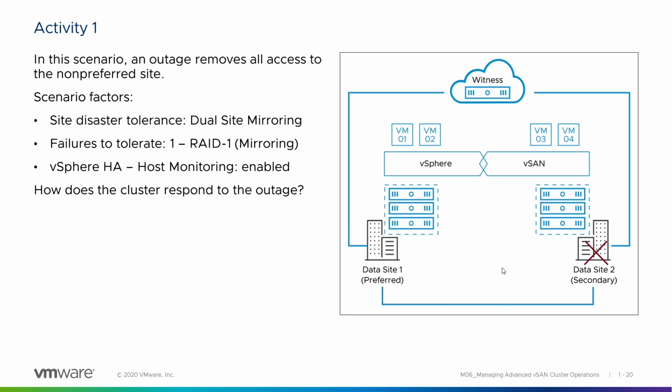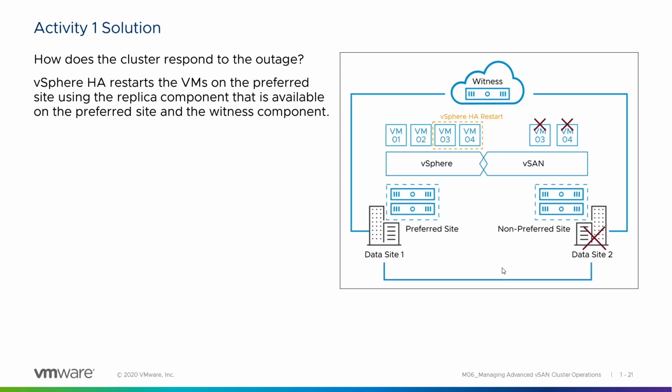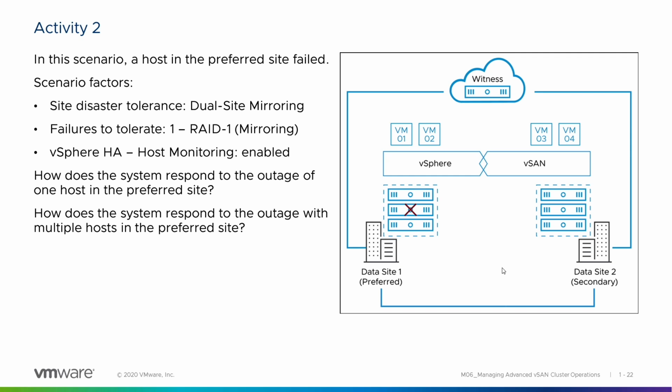In this case, you have 2 VMs running on datasite 2. Those are VMs 03 and 04. Those would crash. They would restart, obviously on datasite 1. Who restarts them? HA. And when you take a look, that's the answer to the question that you just saw.